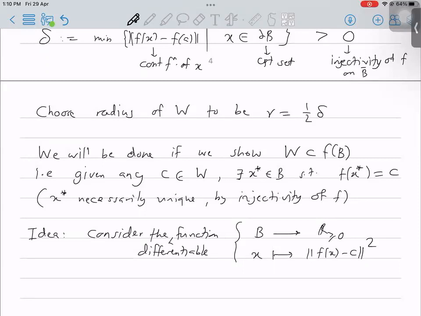We'll write down the formula later. So the idea: consider this function and show that it takes value 0 by minimizing it.